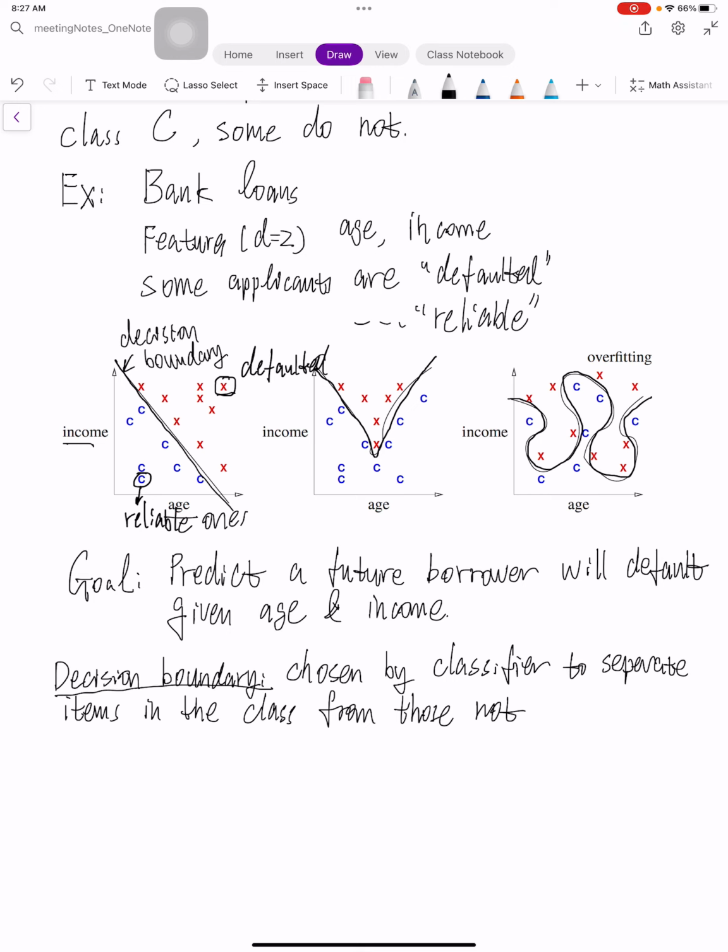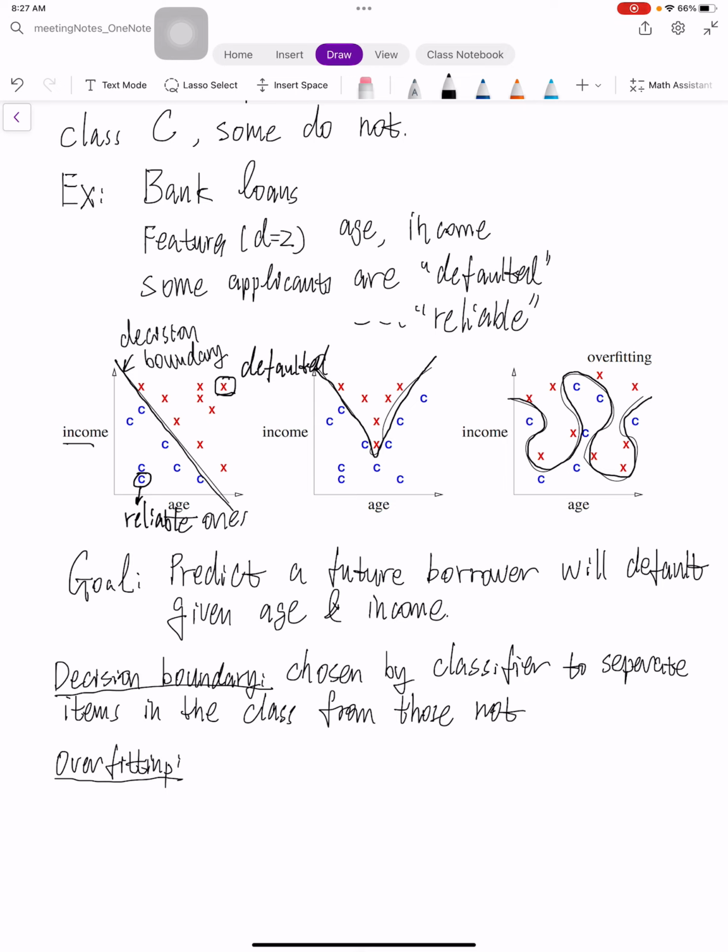Another concept we talked about in the last class is overfitting. You're gonna keep hearing about overfitting and underfitting throughout the classes. So what's the meaning of overfitting? Which of the scenarios we just showed you is overfitting?